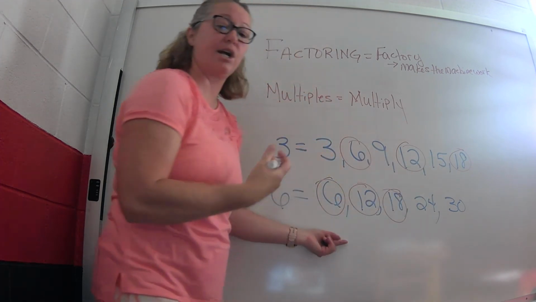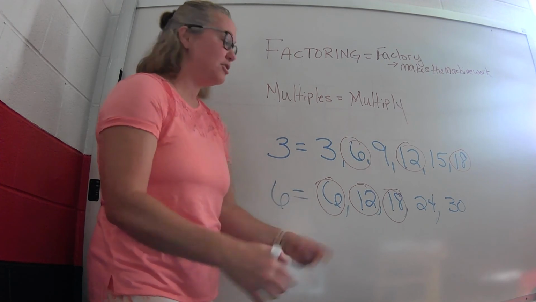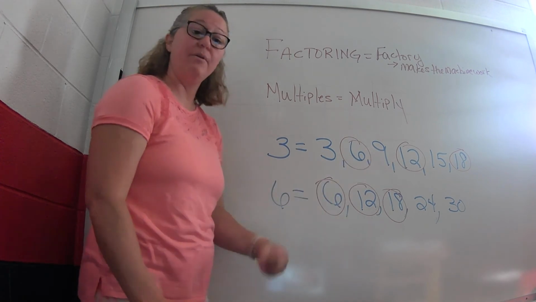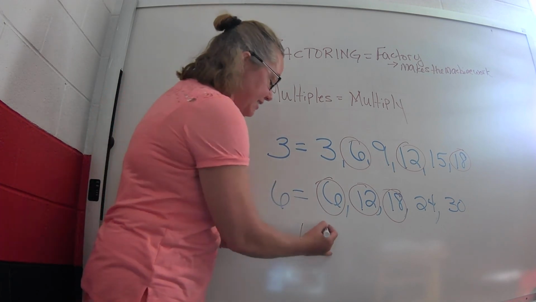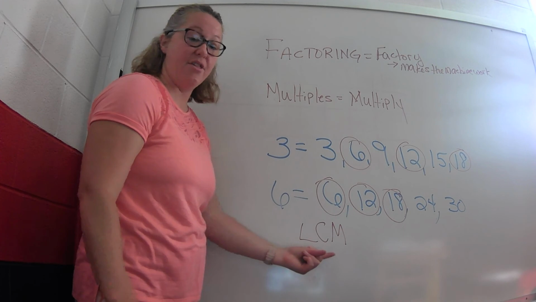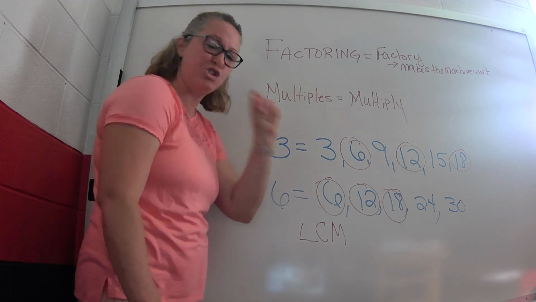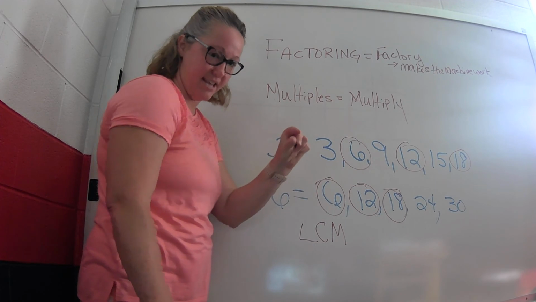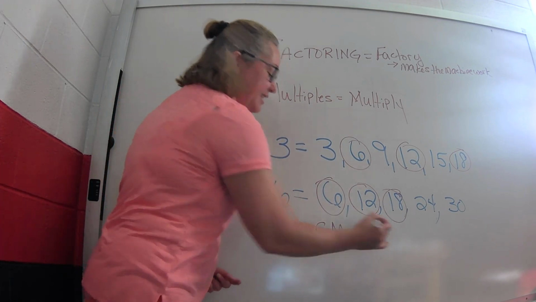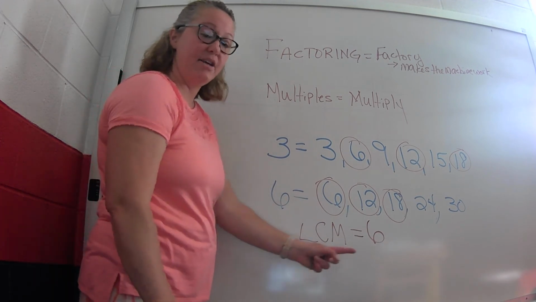Again, remember, common means the same. So of the 3 that I have circled here that are common, what would be my least common multiple? And you'll see that written LCM, least common, the smallest number that is common. And if you looked up here, we had 6. That would be my least common multiple.